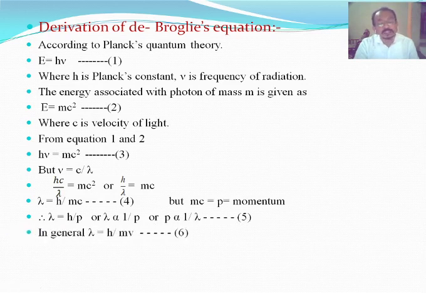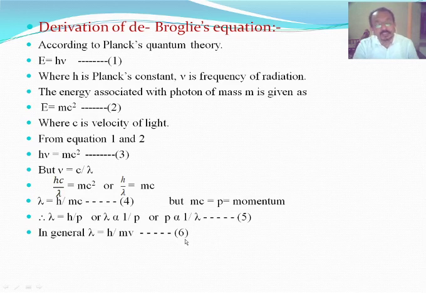Now, equation 4 or 5 is for the photon of a radiation, but this equation is also applicable to any material having a mass m moving with velocity, and therefore the wavelength associated with that material or that mass is given by lambda is equal to h upon m into v, equation number 6.